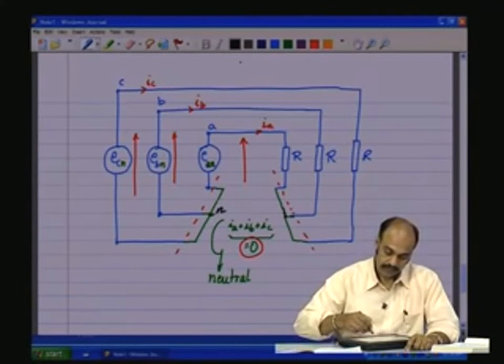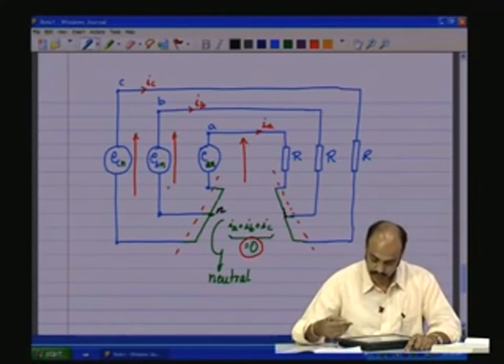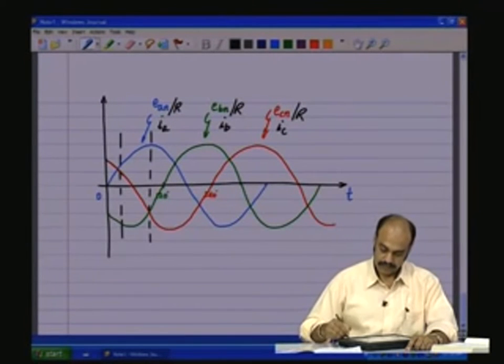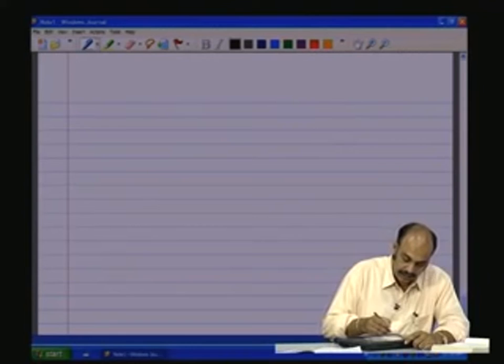So, we have a strange connection between these two, which is written in this fashion.